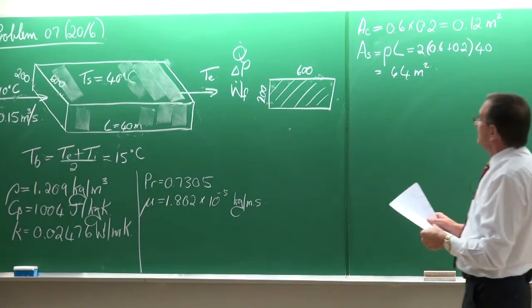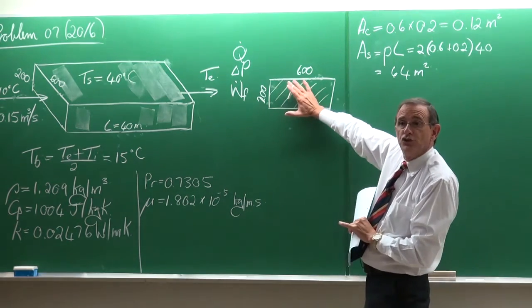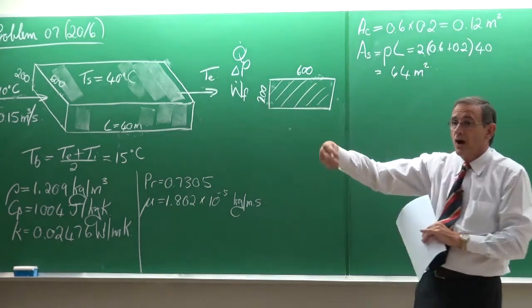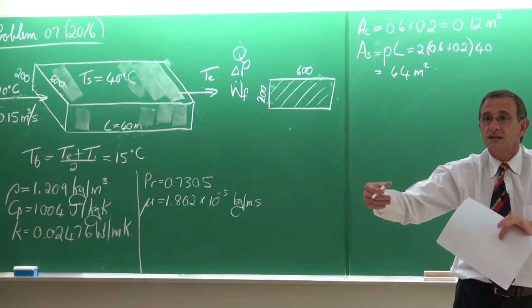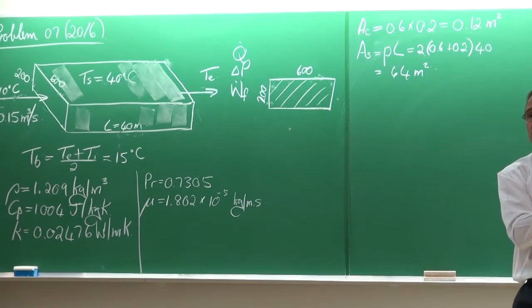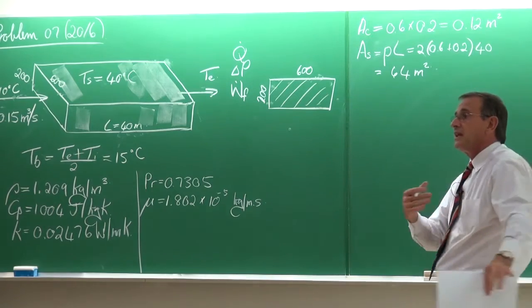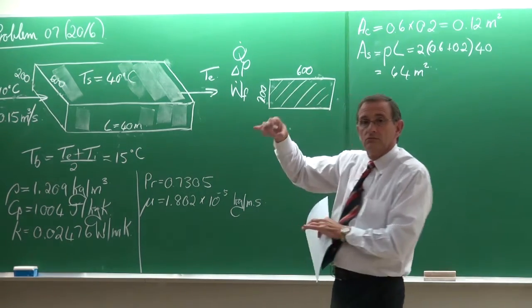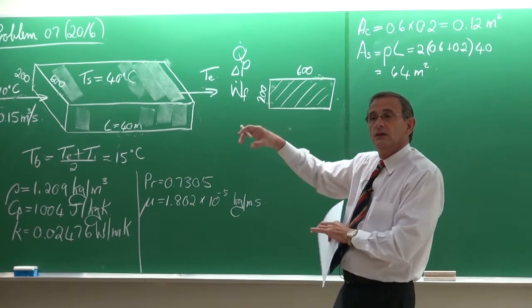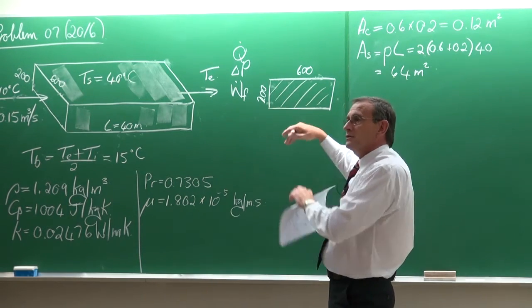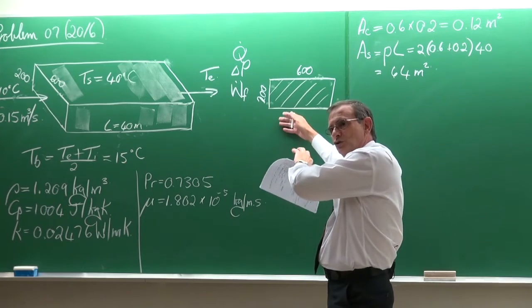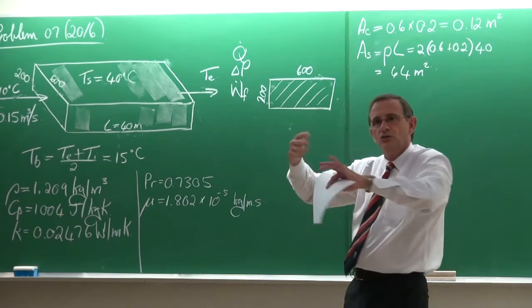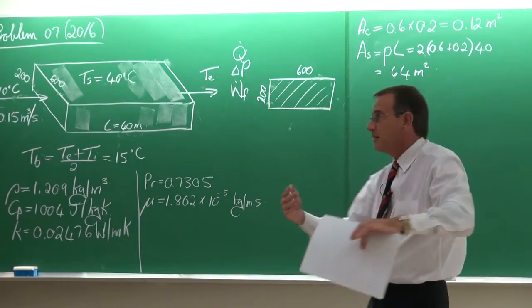Now take note of the geometry. It's not a circular tube. The equations of Gnielinski, Sieder and Tate, which we're going to use later to calculate the heat transfer coefficient, and also the Reynolds number, are based on a circular tube. This is not a circular tube, so we need to change it to a circular tube, and we do that by using the hydraulic diameter.